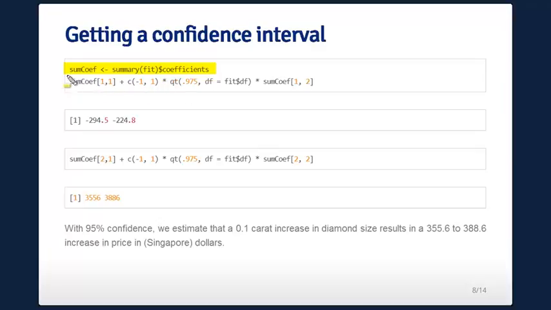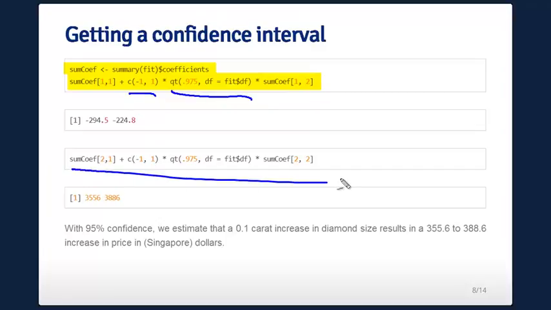That'll grab the table, and then the relevant elements of the table are 1, 1 for the intercept, and then 1, 2 for the standard error of the intercept. I need to grab the correct t quantile, and then I want to add and subtract it, so I just multiply by c(-1, +1), and that gives me a confidence interval for beta 1.